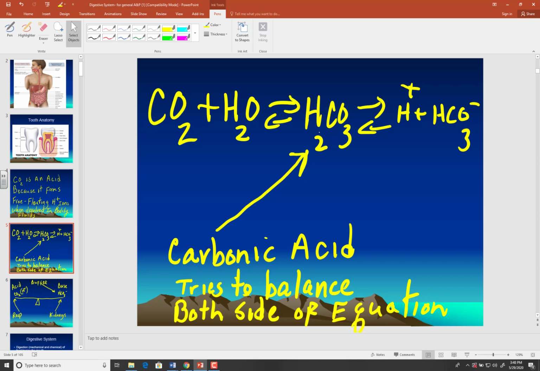And then carbonic acid is going to dissociate, break apart into free-floating hydrogen ions and bicarbonate ions. So anything that gets dissolved in bodily fluids and produces free-floating hydrogen ions is an acid. So that's how CO2 is an acid.